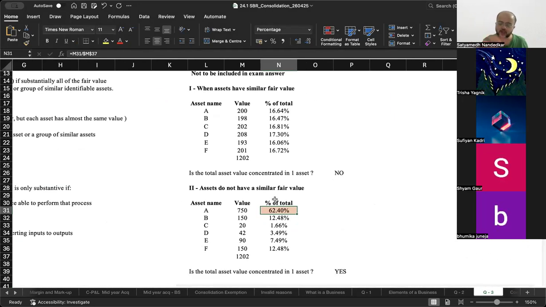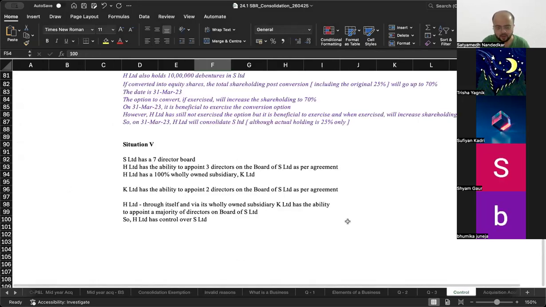I have just made some notation on that. एक बार वो भी देख लो. ठीक है? Yes, sir. Okay.